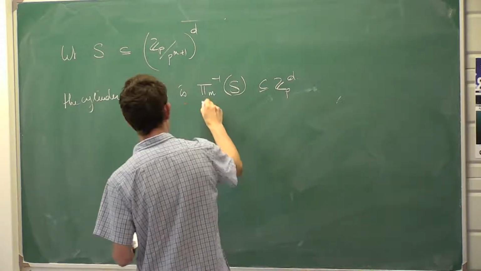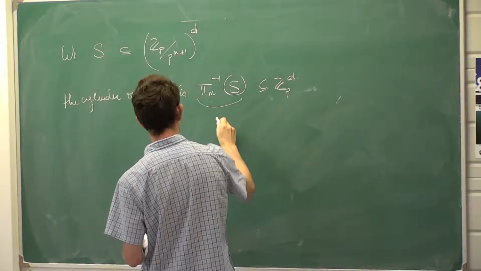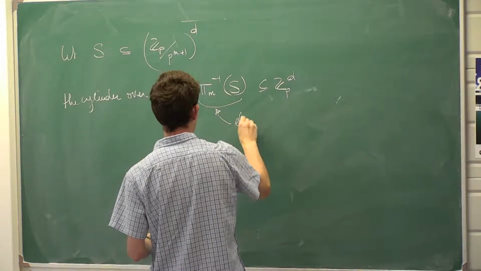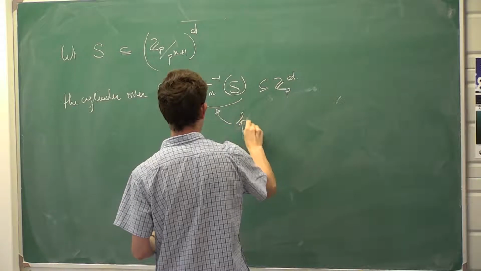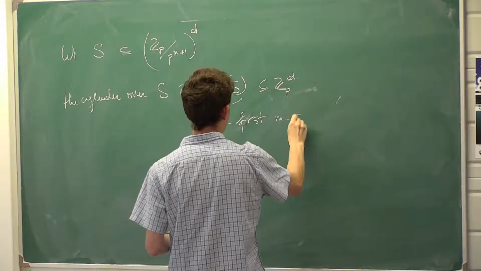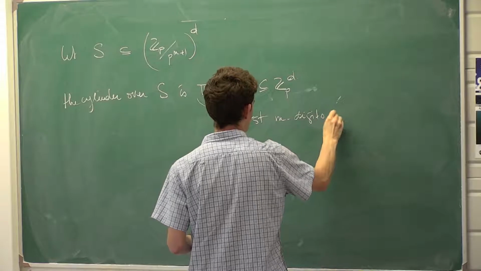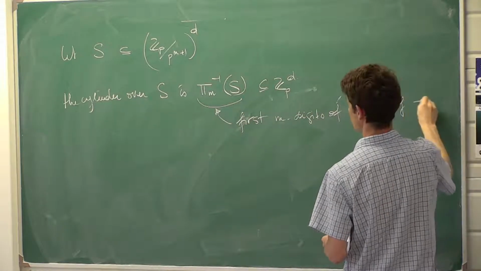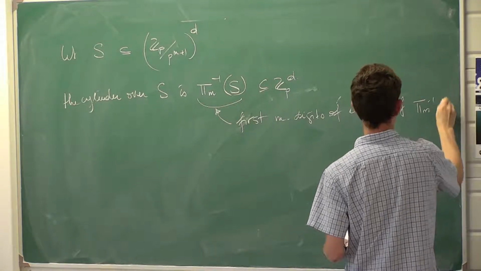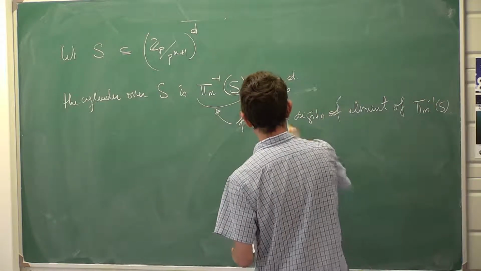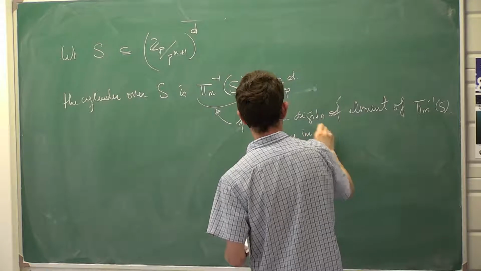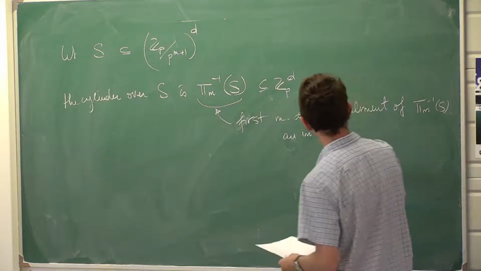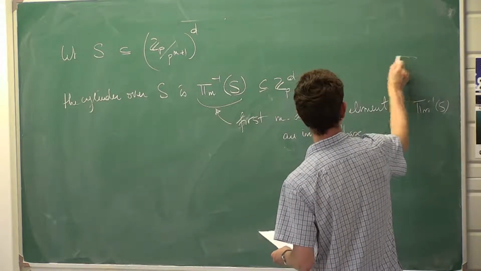So the first m digits of an element of Z_p^d are in S. So this is the base. So you really have something like that.